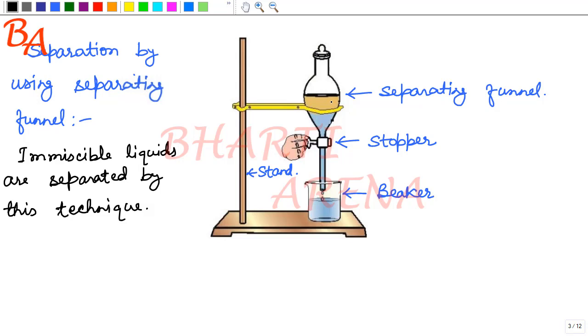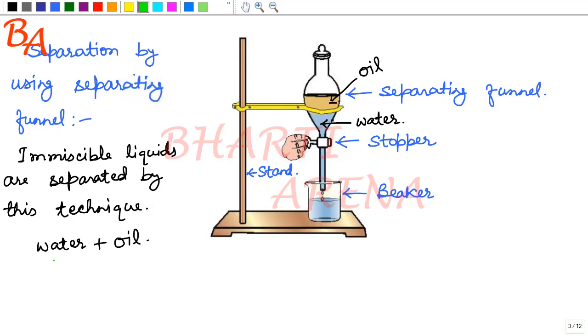Here we have taken the mixture of oil and water. So in this mixture there are 2 components, that is water and oil.